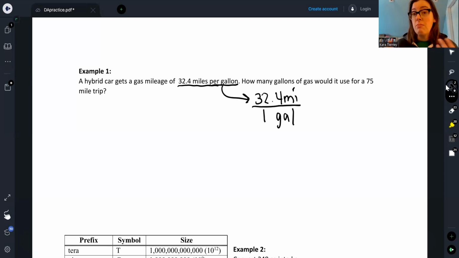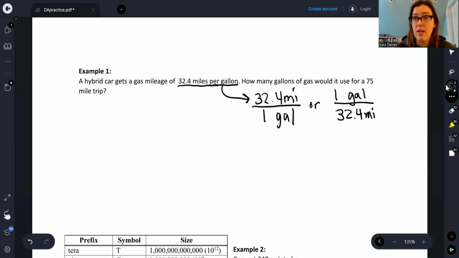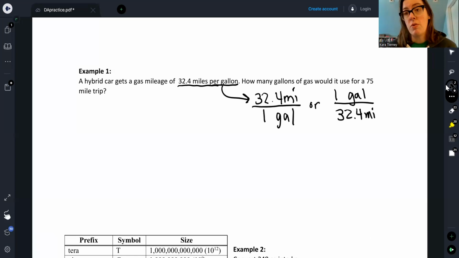Now, our equation may use this fraction. It may use the opposite. We might have to flip this fraction, 32.4 miles underneath 1 gallon. I'm going to teach you how to know which one to use. These two fractions are called conversion factors.